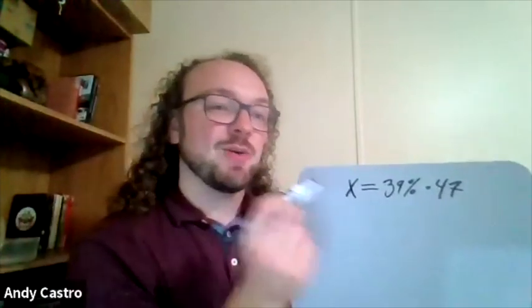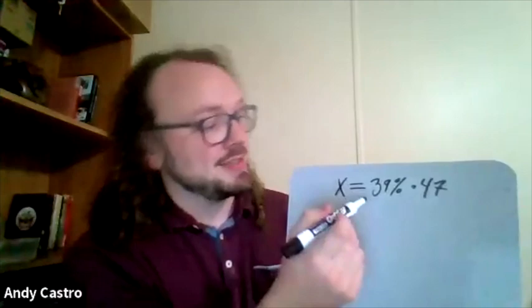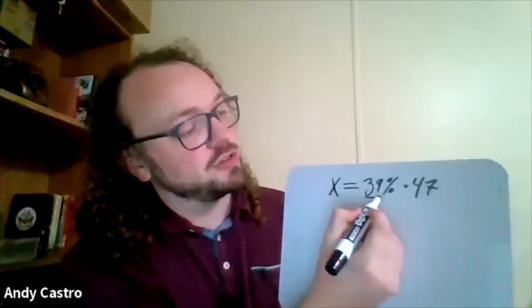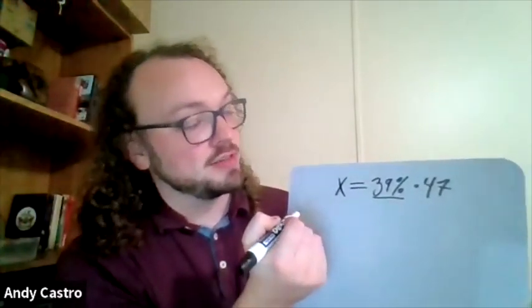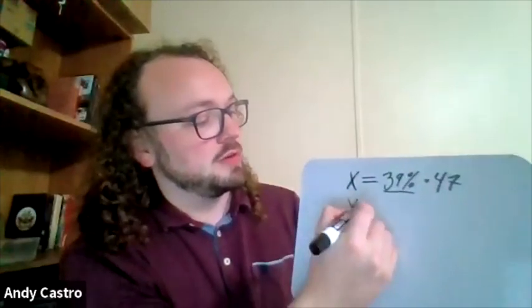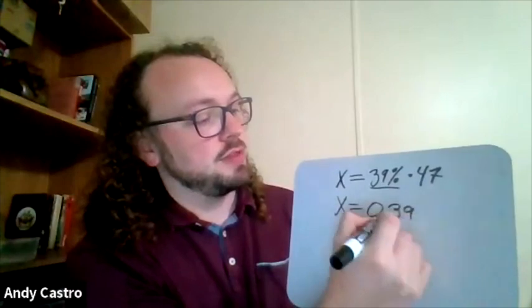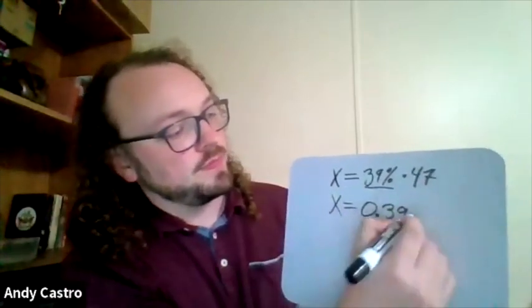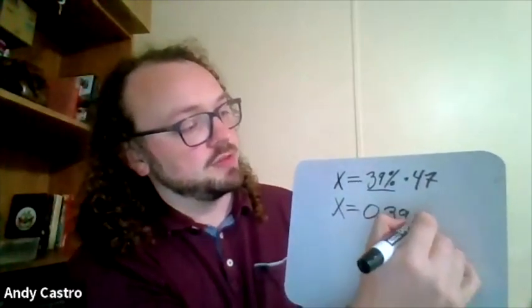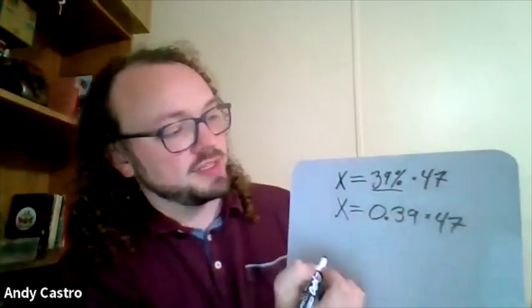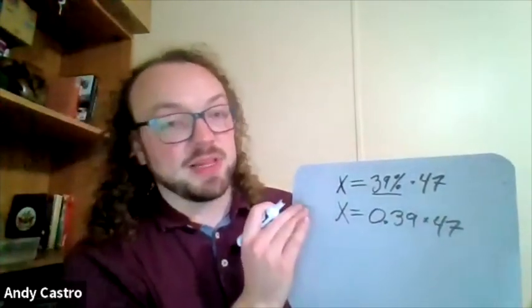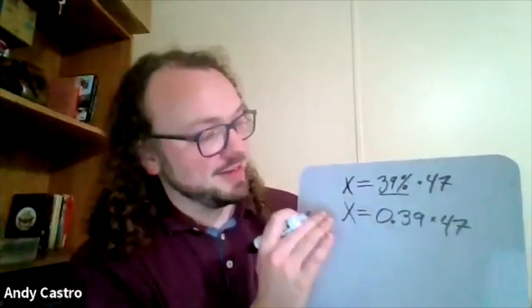And I can't quite solve this as it is. I have to change 39% to a decimal. So I'm going to change that to 0.39. And then this is times 47. And I am allowed to use my calculator to put that in.